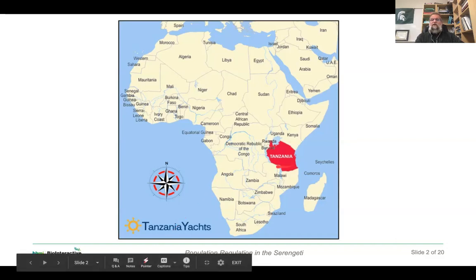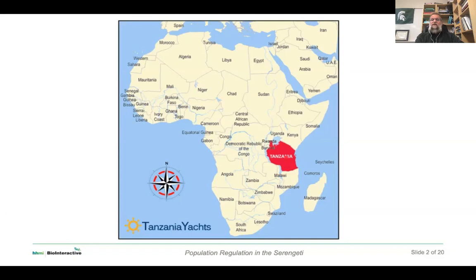Right here is Tanzania in red. You can see it's located near Kenya, Uganda, Rwanda, Mozambique, Zambia. So it borders a lot of different countries. And right here, this big lake is Lake Victoria, which you may or may not have heard of before. So we're talking about Tanzania on the eastern coast of Africa, Central Africa.